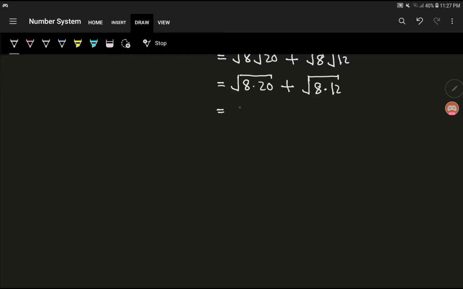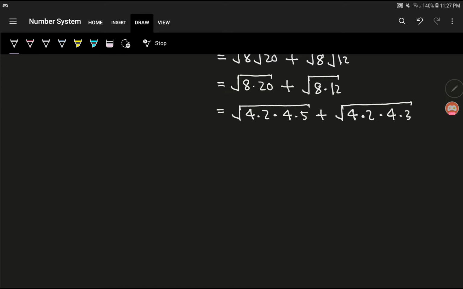So we can rewrite it using factors: 4 multiply 2 and 20 is 4 multiply 5, plus 8 is still 4 multiply 2, but 12 is 4 multiply 3.